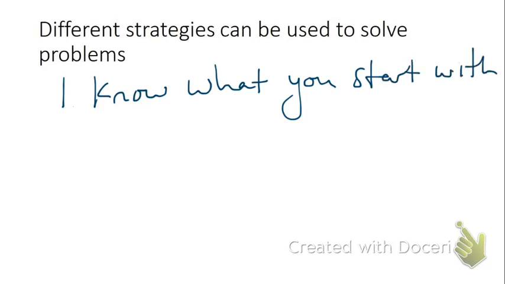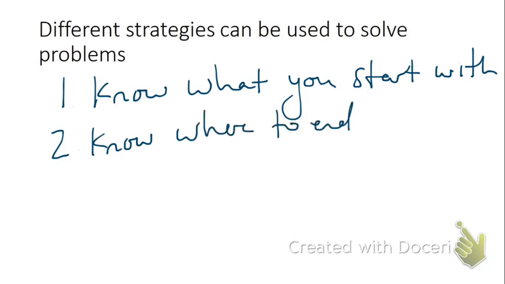If you already know what you start with, then you know where to begin. Then you need to know where to end. What I mean by that is the unit you want your final answer to be in. And then what comes after that is the path to get there.